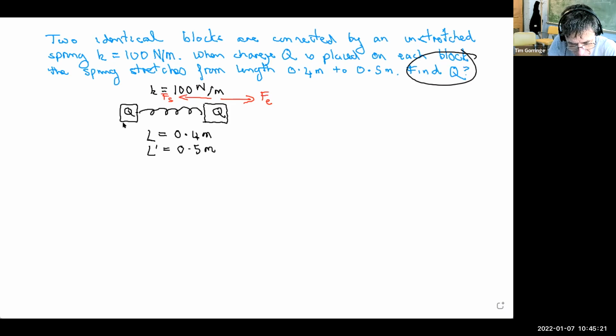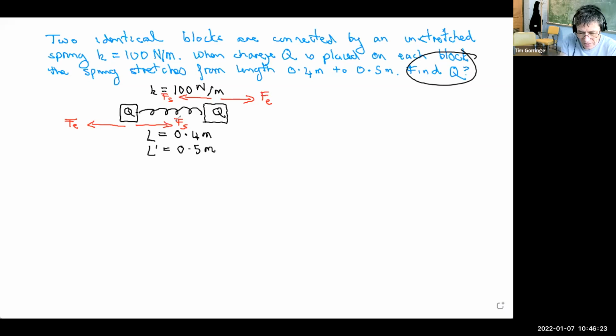There's an electrical force due to the repulsion of the two charges, Fe, and then there's a spring force due to the stretched spring towards the right, Fs. And when we solve this problem, we could be thinking about either the block on the left or the block on the right.